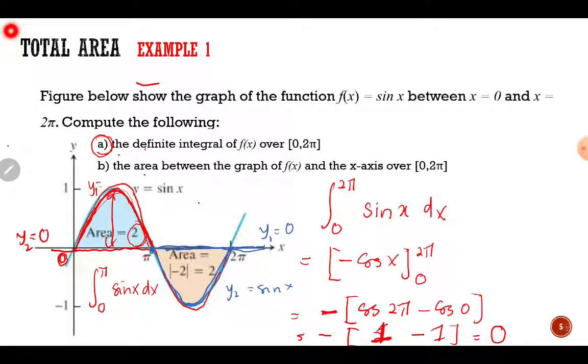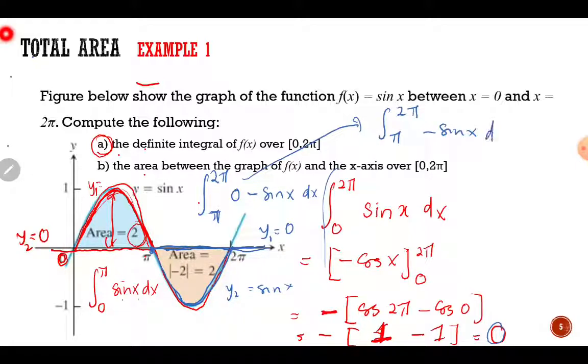So for integration from pi to 2 pi, if you set sin x like this, you will get a negative result. But if you set the integration from pi to 2 pi of 0 minus sin x dx, meaning you get the integral from pi to 2 pi of negative sin x dx.